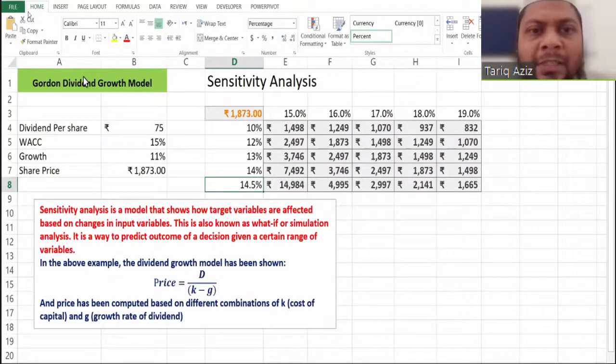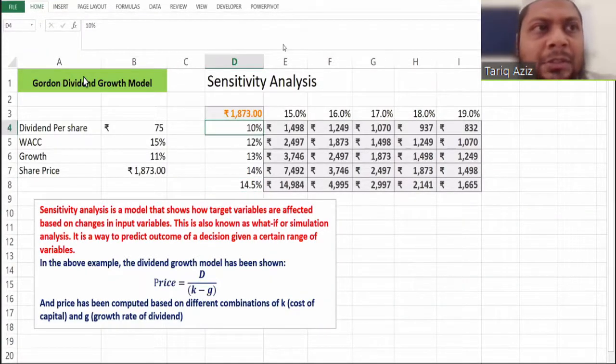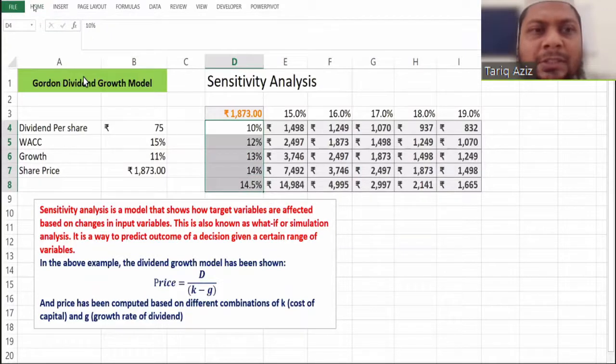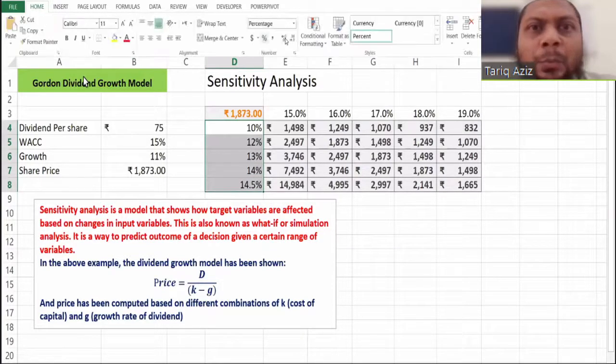Actually, we can decide how many decimal points should be visible, and that option comes under the Home tab here. In the number box, there are different options. First we will select all of this, come under the Home tab, and from here we can decide how many decimal points should be visible.